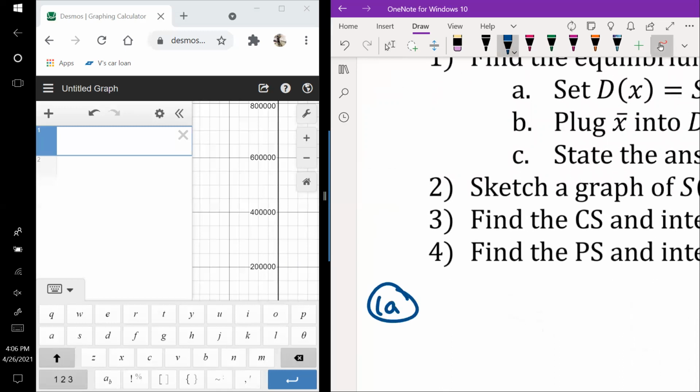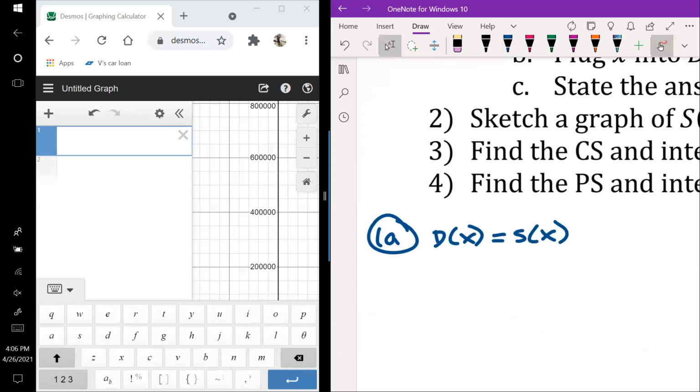So we are going to set d of x equal to s of x, just like it says. Okay, so d of x is 39 minus 0.05x equal to s of x, which is 15 plus 0.05x. And all we have to do now is solve for x.